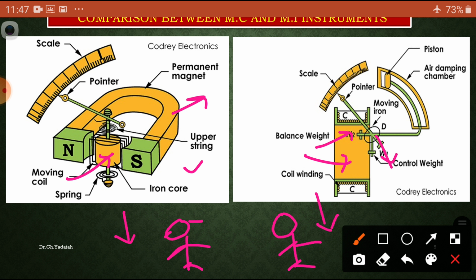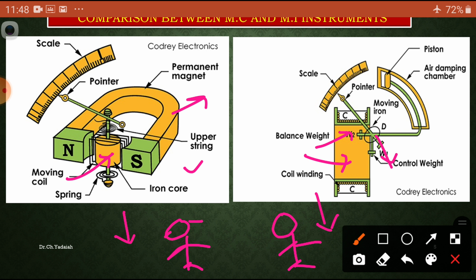Whenever current passes through the coil, the armature of the moving iron has to become a magnet, and this magnetic field will try to magnetize the nearby iron piece. So whatever magnetic property is gained by this iron piece becomes a magnet. This magnet depends upon the input current, and the coil's magnetic field also depends upon the current. That's why the deflecting torque is directly proportional to the square of the current.